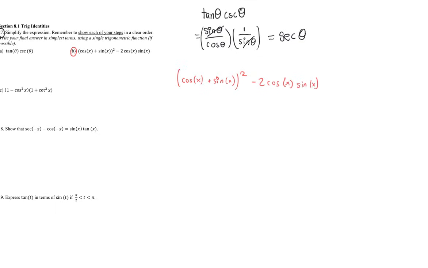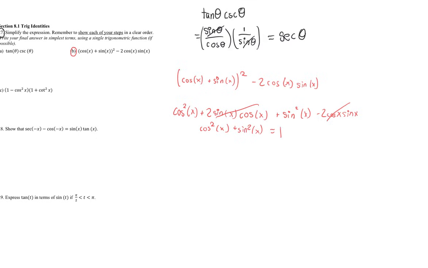So the first thing we're going to do is expand this out to get cosine squared of x plus 2 sine x cosine x plus sine squared of x minus 2 cosine x sine of x. You can see that these two go away, and you're left with cosine squared of x plus sine squared of x, which is equal to 1.